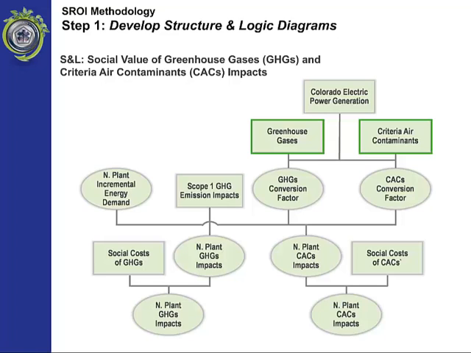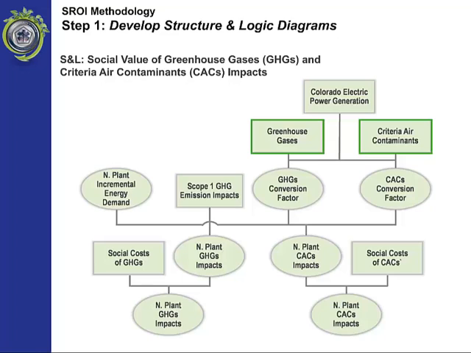The diagram maps out and provides information to allow the SROI model to capture the non-cash costs of the impacts of greenhouse gases and criteria air contaminants that would be generated from the source power generation plant, Colorado Electric, as a result of implementing the project.